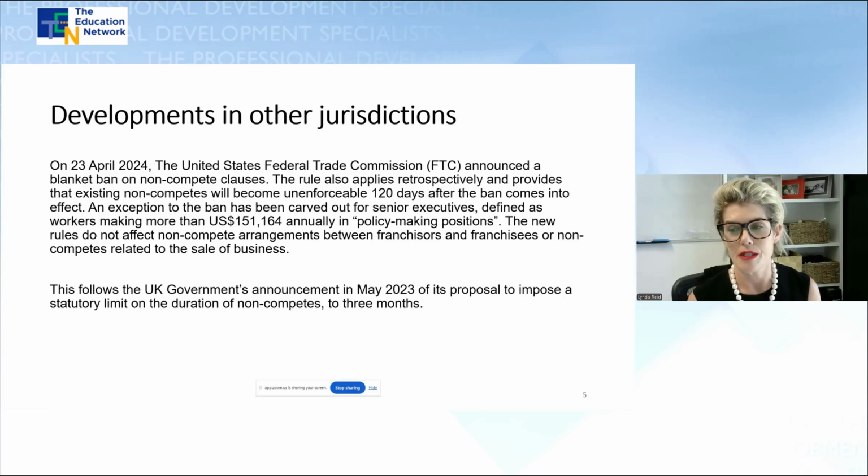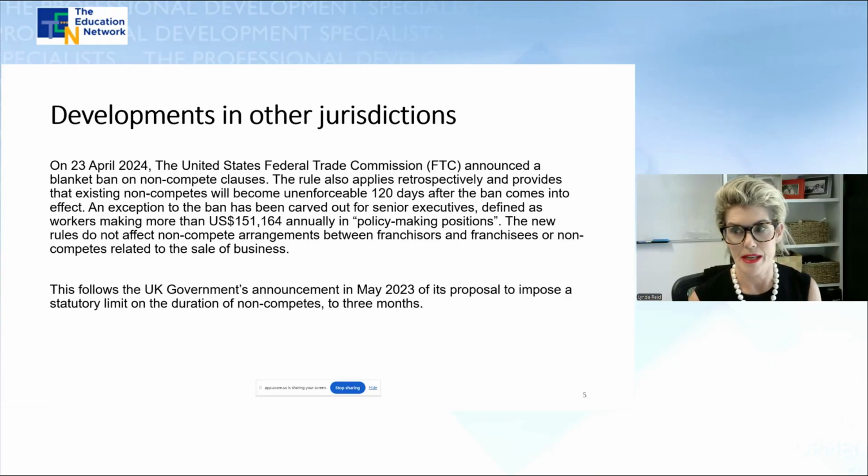But the Federal Trade Commission announced a blanket ban on non-compete clauses in the employment context with a couple of exceptions. So the rule applies retrospectively, and it also provides that existing non-compete clauses will become unenforceable 120 days after the ban came into effect.